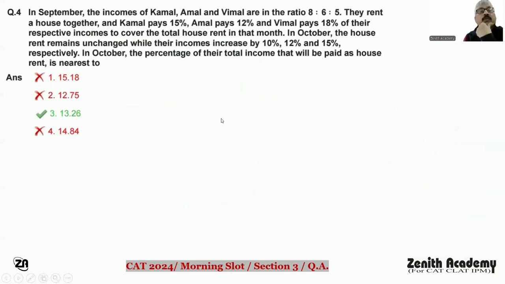Now this is question number 4. In September, the incomes of Kamal, Amal, and Vimal are in ratio 8 is to 6 is to 5. They rent a house together, and Kamal pays 15%, Amal pays 12%, Vimal pays 18% of their respective incomes to cover the total house rent in that month.